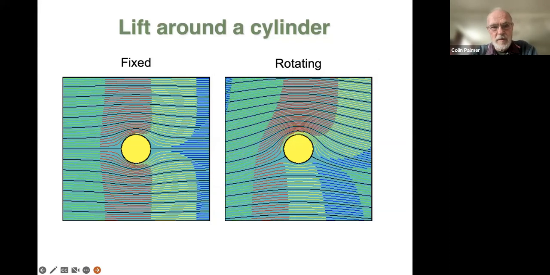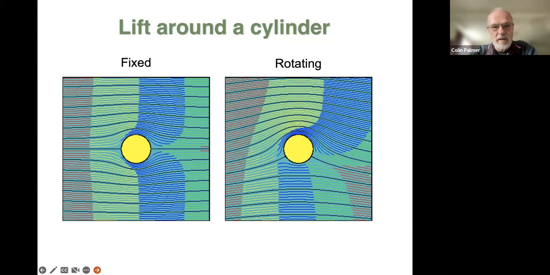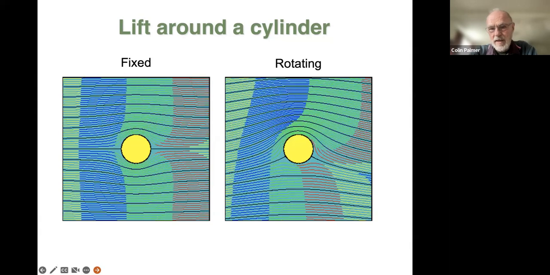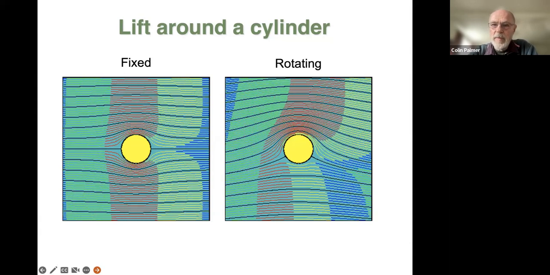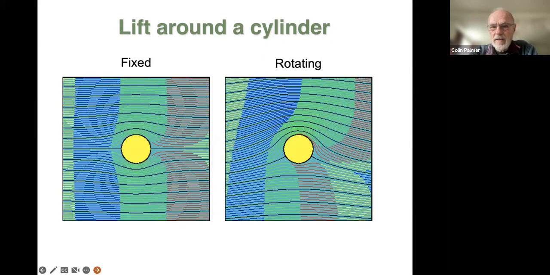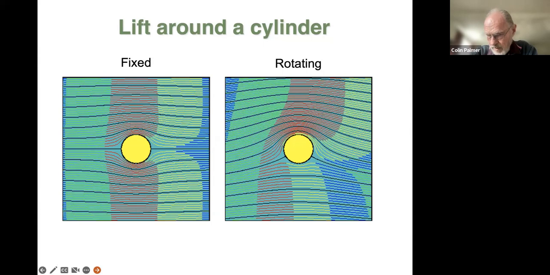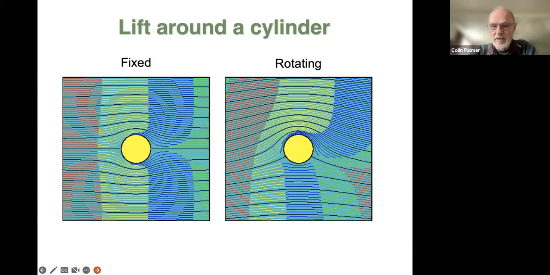On the left, you've got the rotors when they're fixed and the flow just goes round them, equally either side. But if you start rotating that rotor, you see that the streamlines, the flow patterns, change, and they cram over the top of the cylinder there, and that shows you that the pressure is reducing on that side.